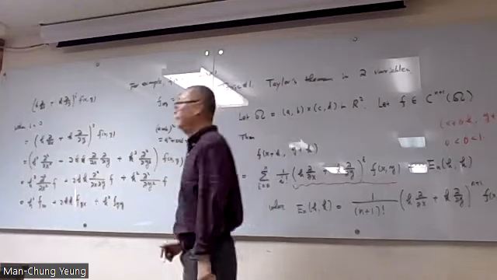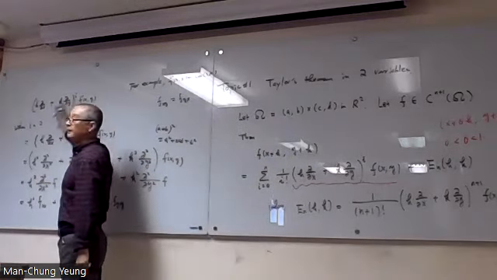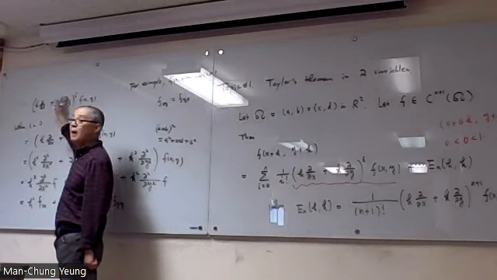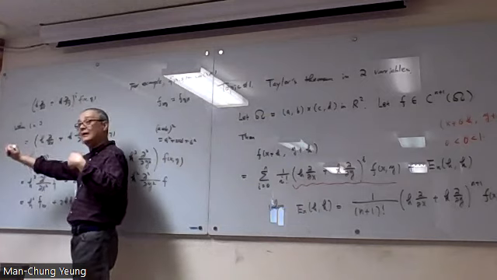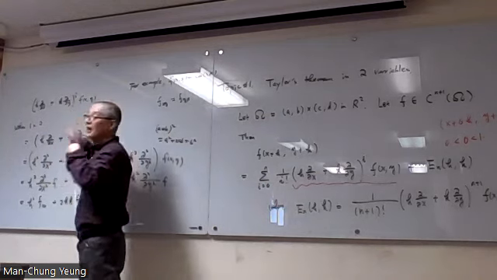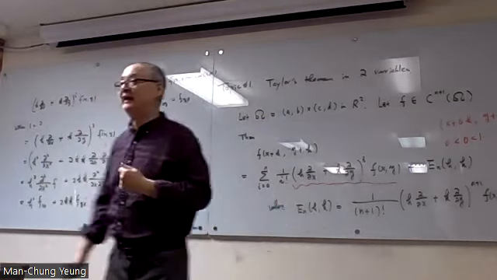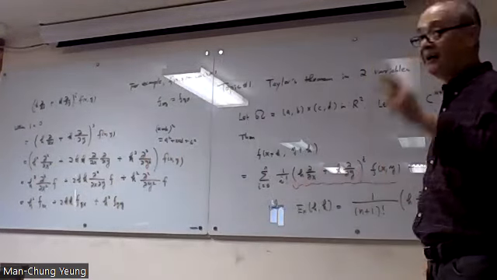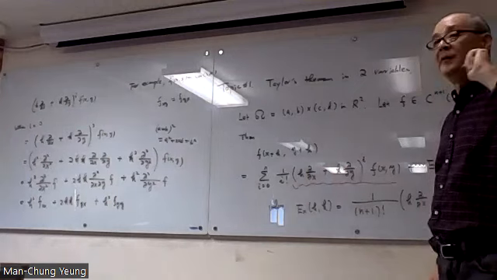Very simple. When I is 3, multiply out this power, expand the power, then apply everything to the function. This is Taylor's theorem in two variables.